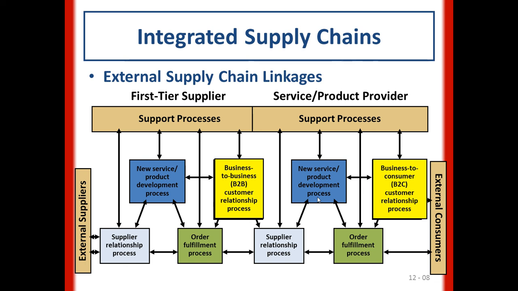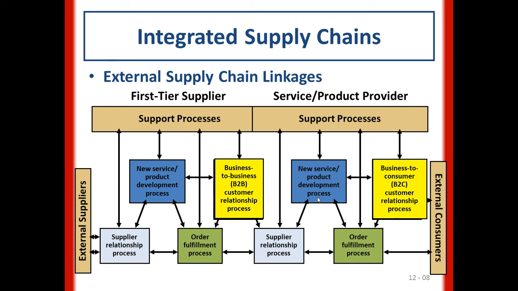As you can see from this picture, the central firm may include 4 main processes inside, which were also mentioned in chapter 1. The core processes may include the product development process, customer relationship process, supplier relationship process, and order fulfillment process.